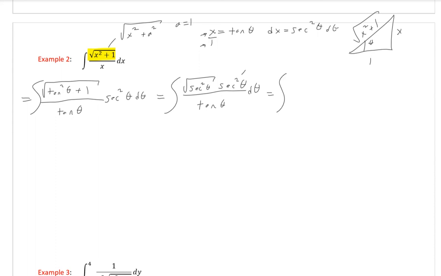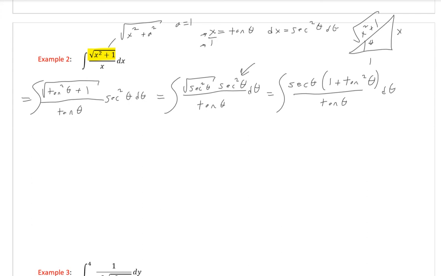Or what I can do, as I would solve this before with some amount of secants, I can use a Pythagorean identity. That square root of secant becomes secant theta, and secant squared, I'm going to replace with 1 plus tangent squared of theta, all over tangent of theta d theta.